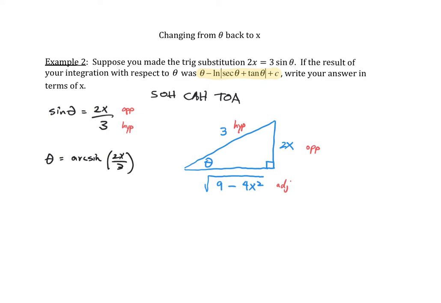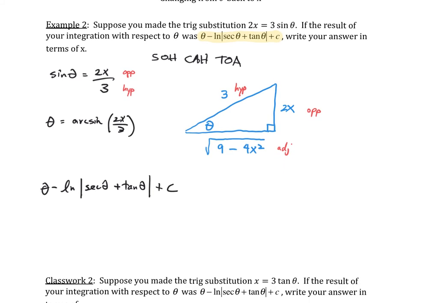And now when I translate that highlighted yellow part, theta minus natural log of absolute value of secant of theta plus tangent of theta plus c, that's going to become: theta is arcsine of 2x over 3, minus natural log of the absolute value of secant theta.